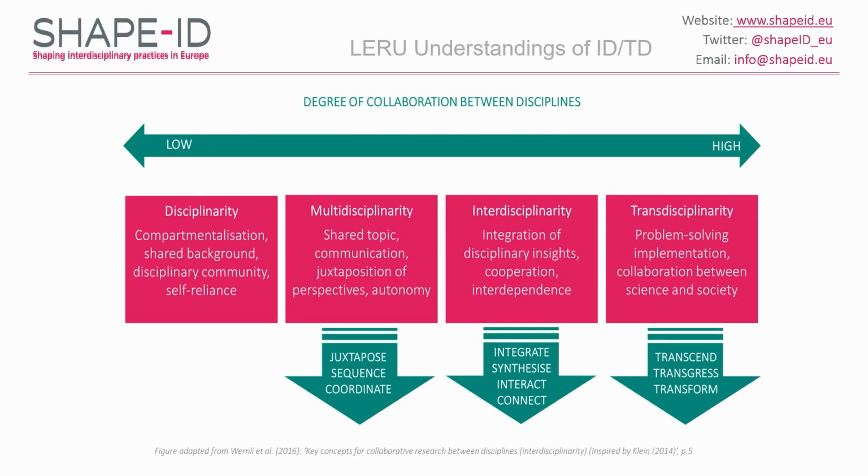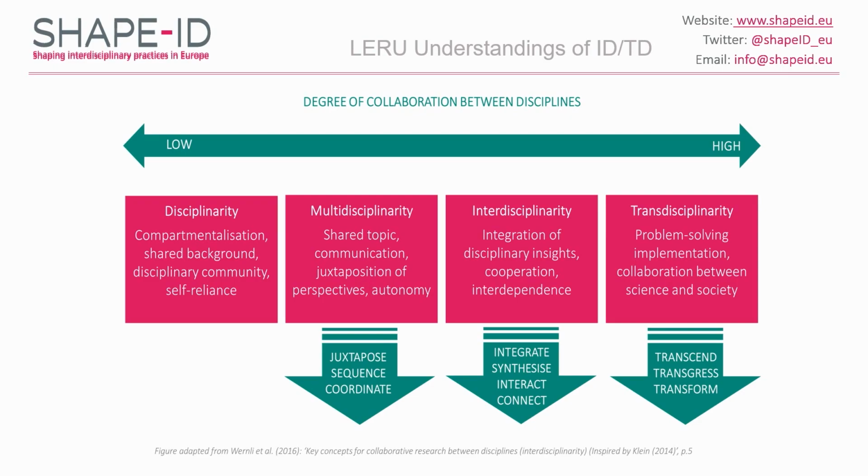And LERU, the League of European Research Intensive Universities, wrote a report in 2016 called Interdisciplinarity in the 21st Century University, a very influential report. And this diagram comes from there.